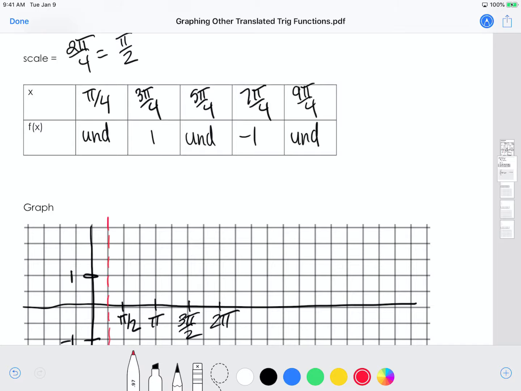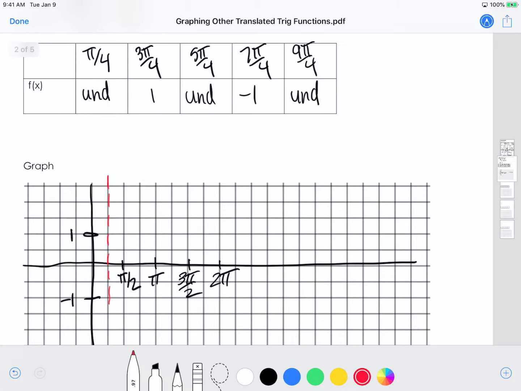That's where it's undefined. We're also going to have an asymptote at 5 pi over 4, which is between pi and 3 pi over 2. So I'm going to have an asymptote here as well. And then at 9 pi over 4, we also have an asymptote, which is right after 2 pi.